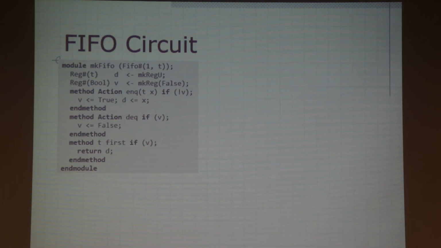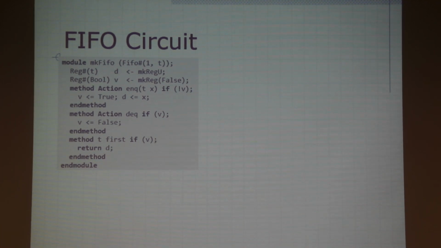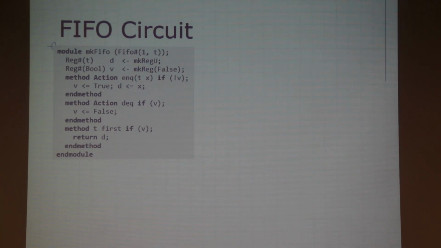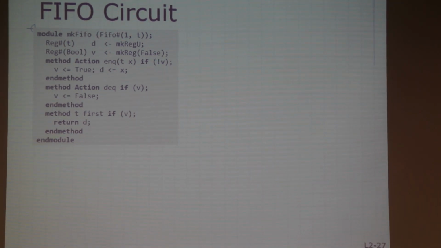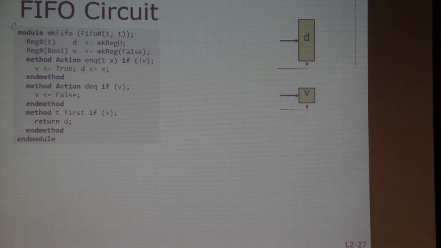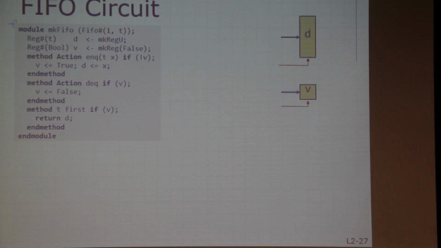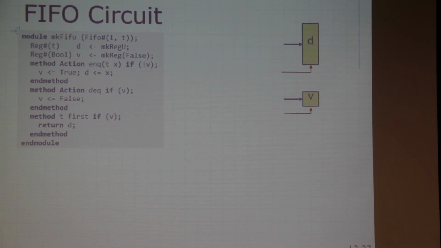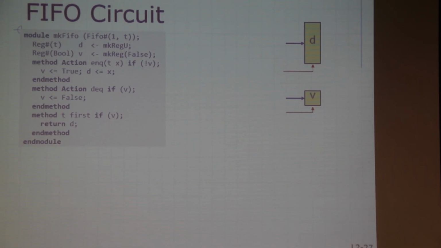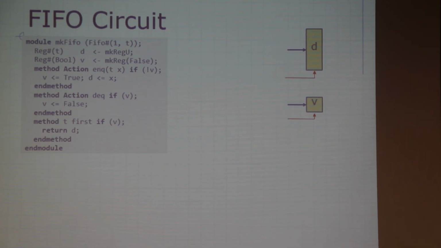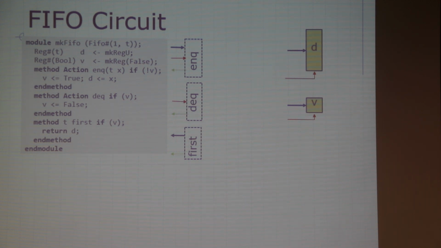All right, so now I want to show you the exact circuit that will be generated for this FIFO. You're up to the task? All right. This much makes sense? We have a D value and we have a V valid input. And for everything we need input wires and we need enable signals. All right, and this is our interface. We have NQ, DQ, and first. Make sense? Who writes in D?